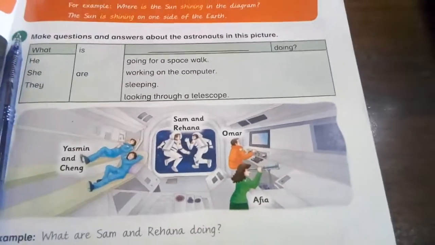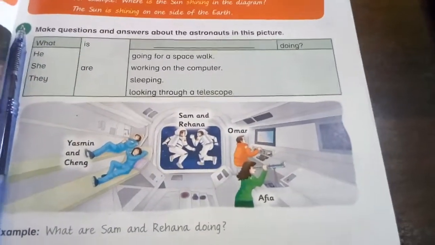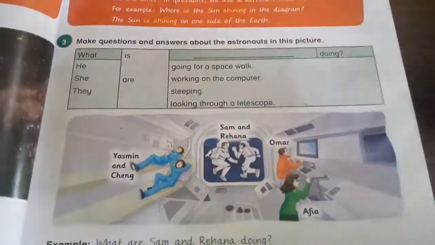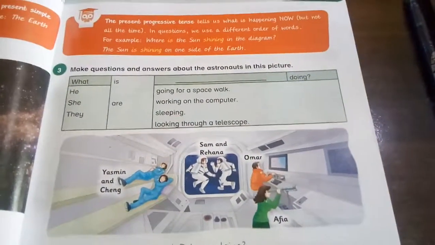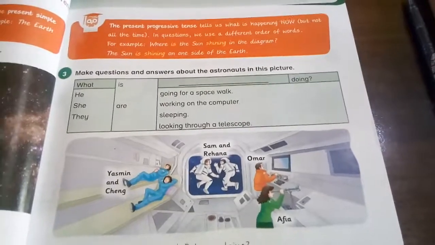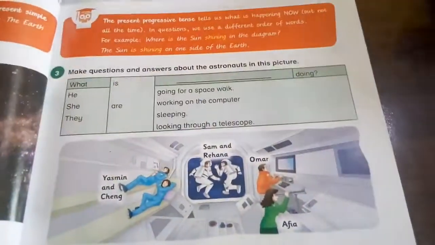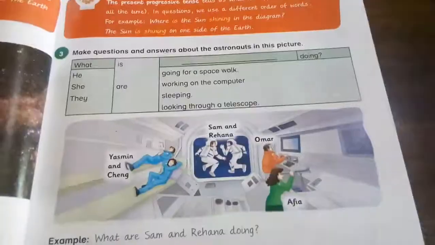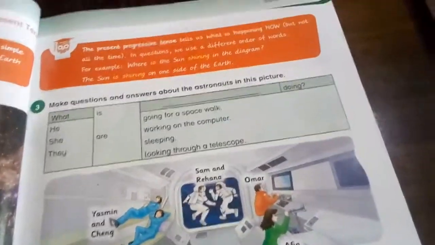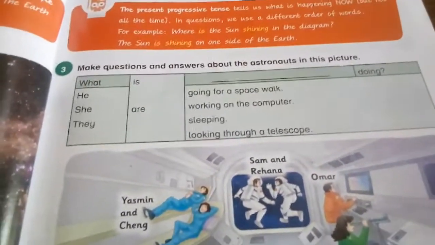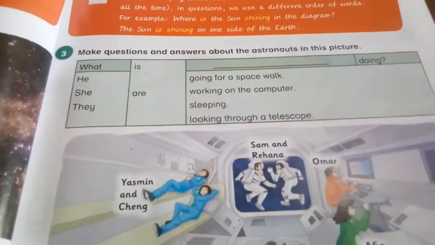So mostly we use this tense to describe a picture, the actions that are happening in the picture. We also use this tense to tell about the actions that we are doing now. Okay, so this is the tense. In this video, I have just told you the affirmative, positive sentences.